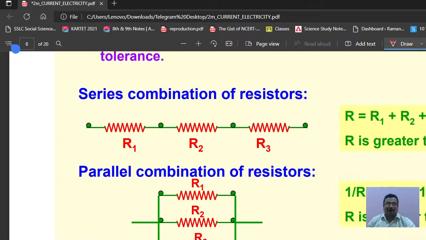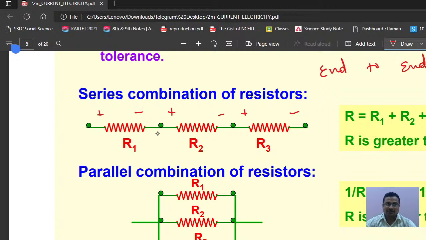Now here we are discussing the connection of resistance. Here R1, R2, R3, there are three resistances: positive, negative, positive, negative, positive, negative. The positive of one terminal is connected to the negative, an end-to-end connection. End-to-end connection of resistors is called a series combination.